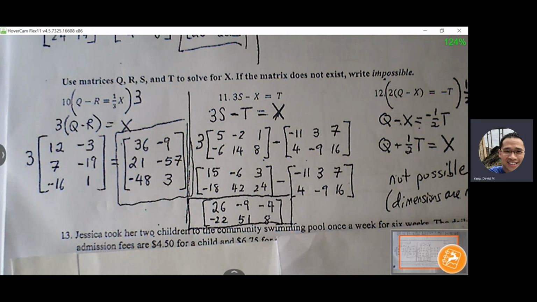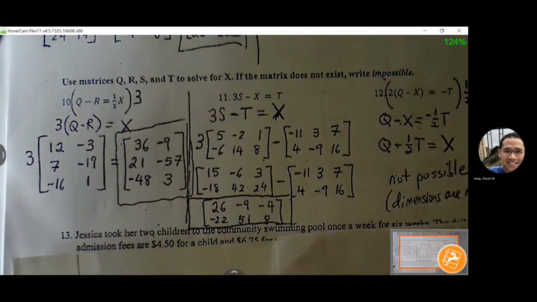I'm confused on that 13 to work on. I don't know. The word problem? Yeah. Yeah, I'll go over that. Okay. Are we okay with 10 and 11? I'll leave this up for a moment and I'll go over 13 in detail.